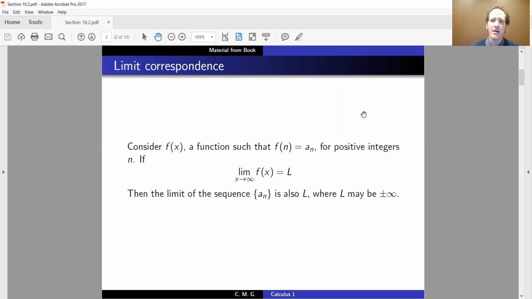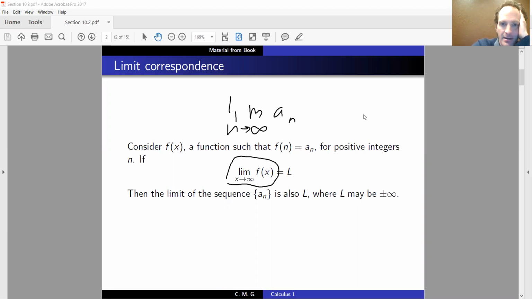So in particular, all that limit stuff that we did in Calc 1 at the beginning is going to follow through here to Calc 2. And you'll notice that this limit, last time I mentioned, is different than the limit that we had before. The limit as n goes to infinity of a_n only takes into account integers.